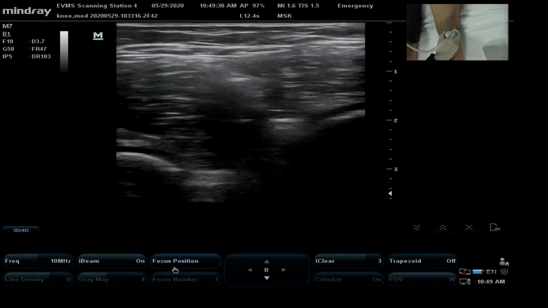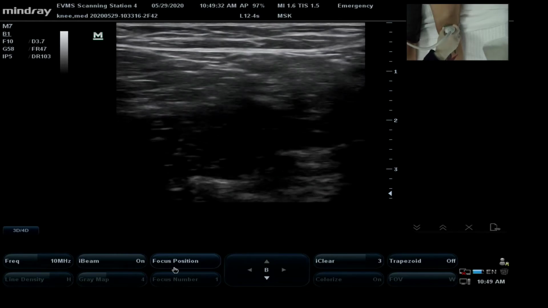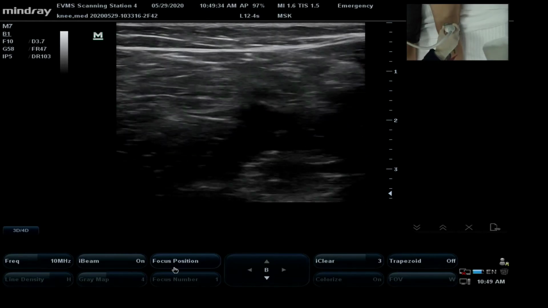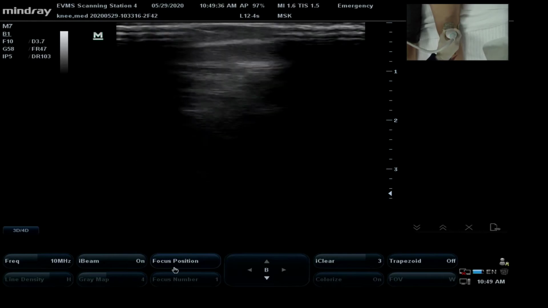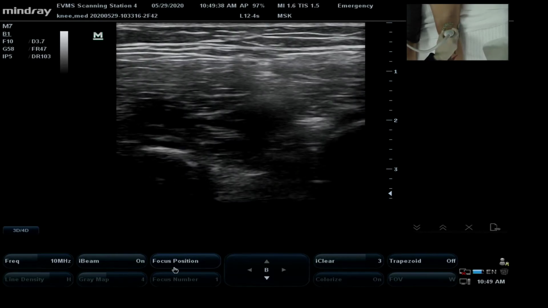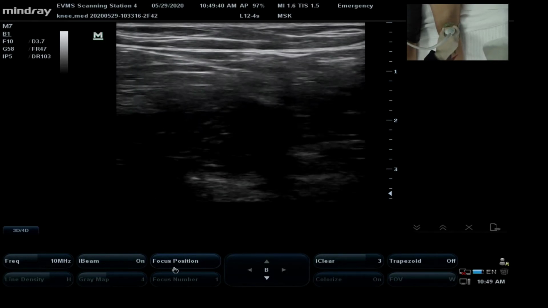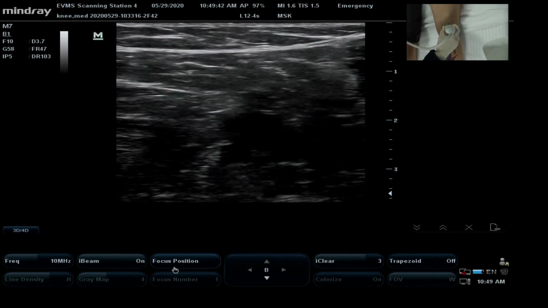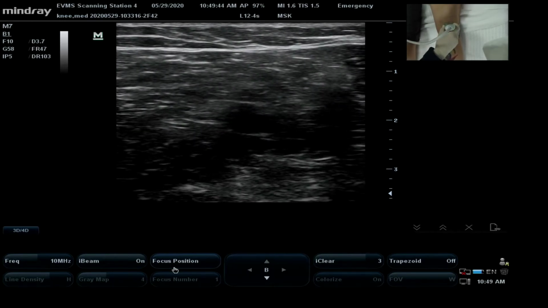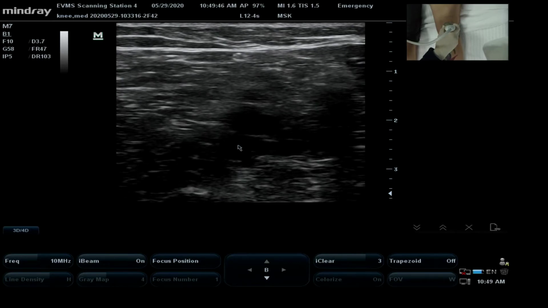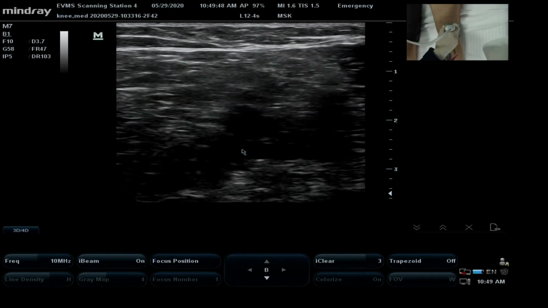Now, you'll find that you will have to move more superior than you expect. I usually start right in the crease, knowing that I'm going to have to move more proximal, and when I do, I immediately begin to see more hypoechoic structures stacked upon themselves.